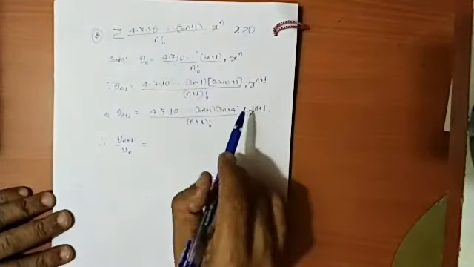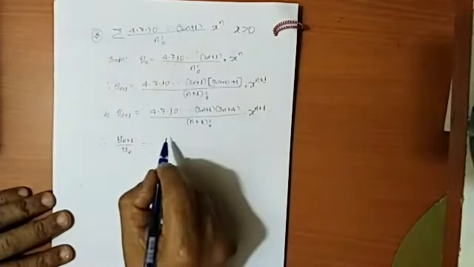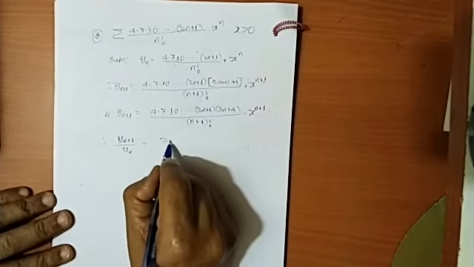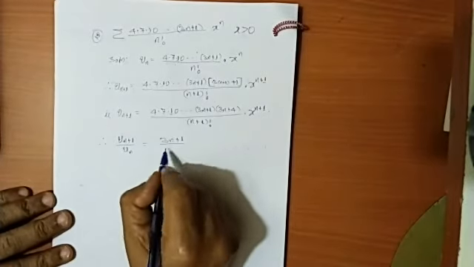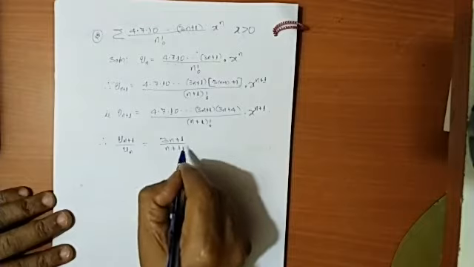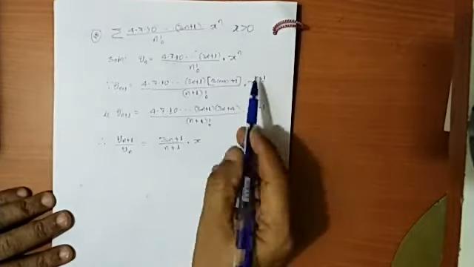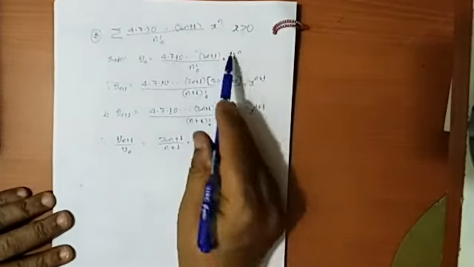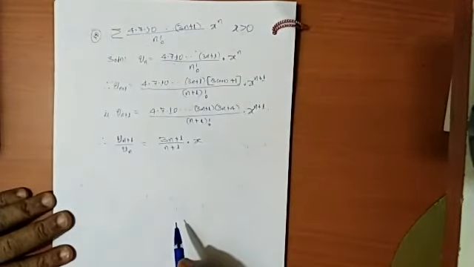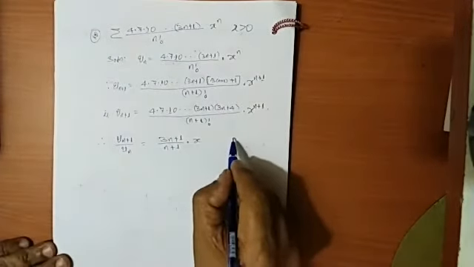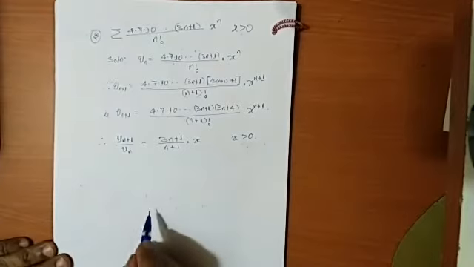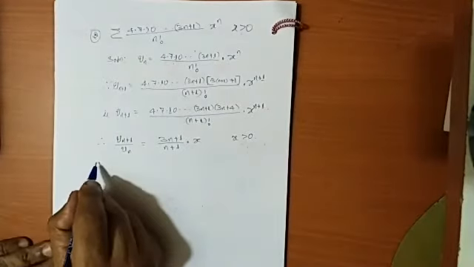All the other terms cancel. So I am left with 3n plus 4 divided by n plus 1, into x raised to n plus 1 over x raised to n, leaving behind x. Always x is greater than 0, as given. Now I have to find out the limits.